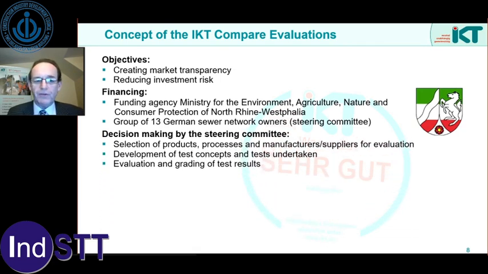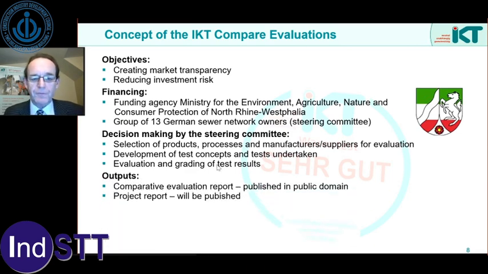The steering group made all the decisions, advised by IKT: they selected the products to be evaluated, the manufacturers to use, the suppliers, development of the test concept, and what kind of evaluation scheme was used.